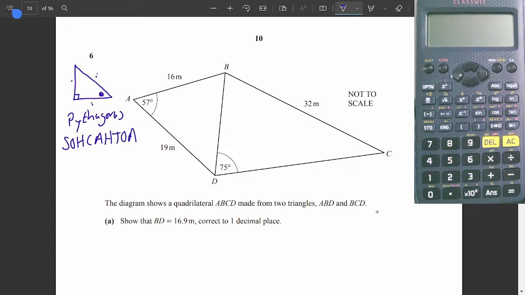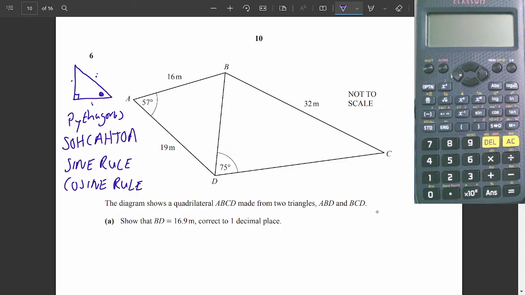But if we don't have a right angle triangle and we need to work out sides and angles, we know we need to use either the sine rule, or the cosine rule.